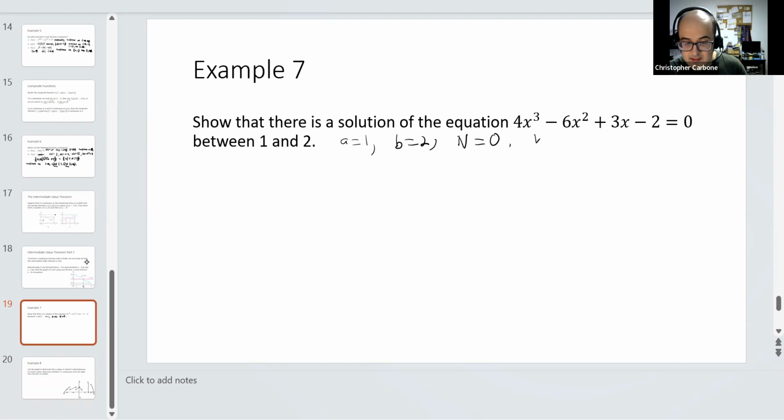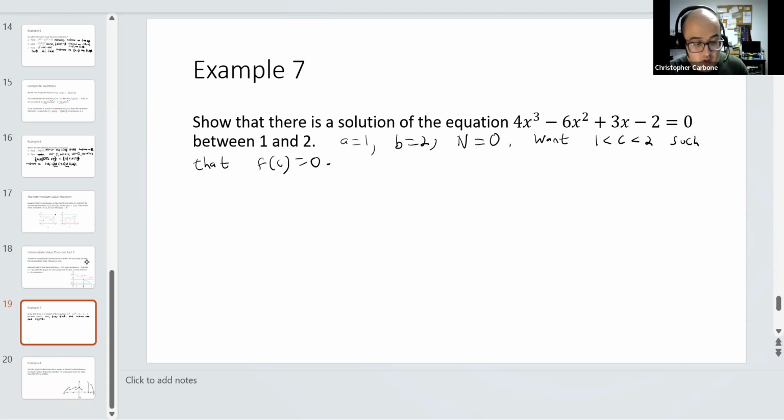So we want a value c between 1 and 2, not including 1 or 2, such that f of c is equal to 0.